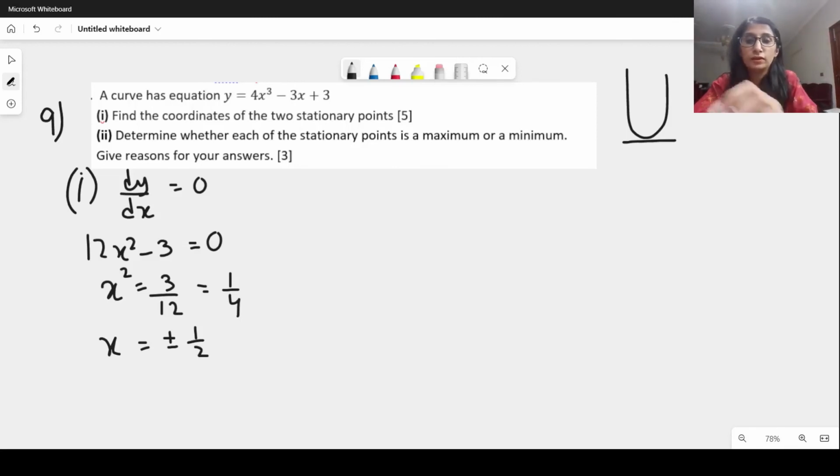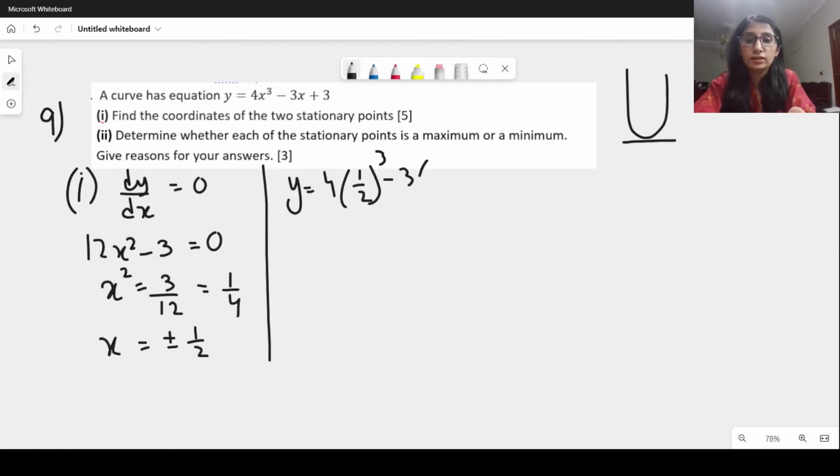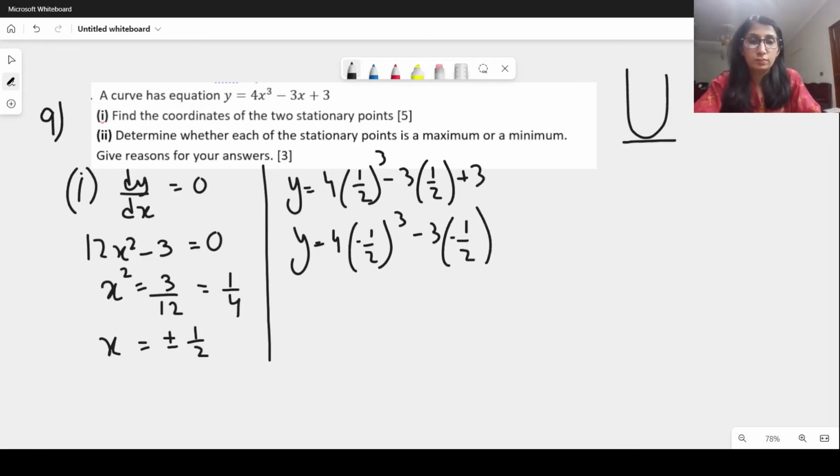Now I'll need to find the corresponding y values. For that I'll do y equals 4 times (half) cubed minus 3 times half plus 3, and also y equals 4 times (minus half) cubed minus 3 times (minus half) plus 3.